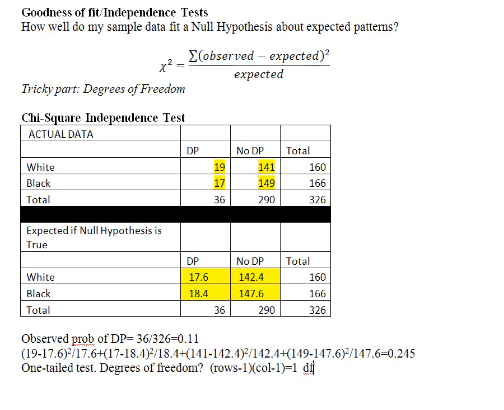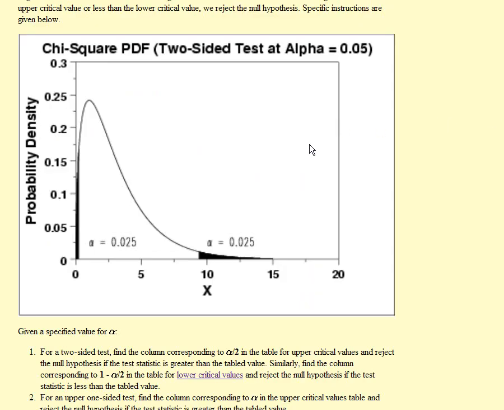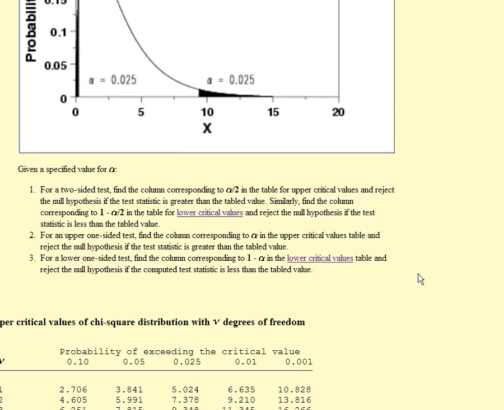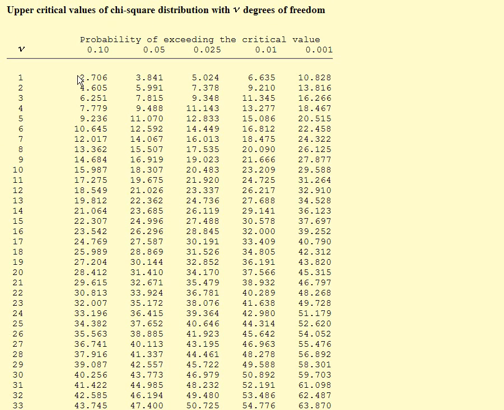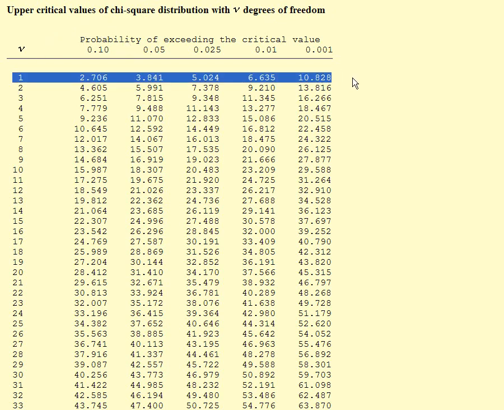So let's go find our chi-squared table and see what the chi-squared critical would be. Here's our picture of a generic looking skewed chi-squared distribution again. We're going to want to look at upper critical values of the distribution, and we're just going to be looking at this first row because we have 1 degree of freedom.